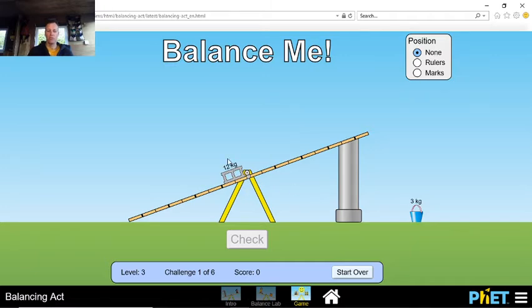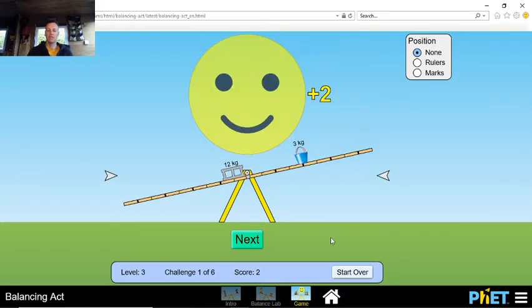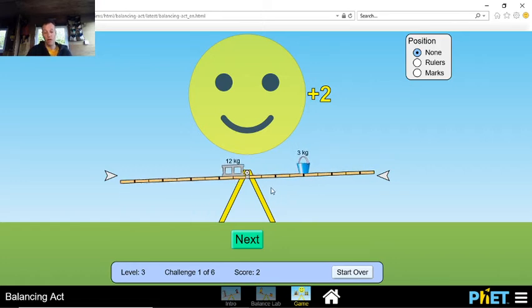If I know this one is making it turn anti-clockwise, which would be 12 times 1, which is 12, I then know this one must be at 1, 2, 3, 4. Suddenly it balances. The reason why is 3 times 4 is 12 newton meters.